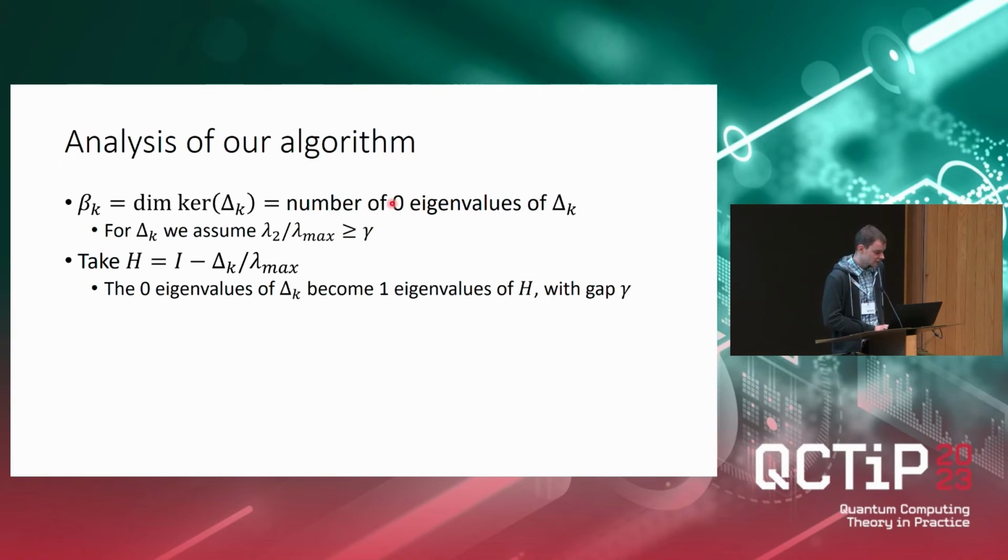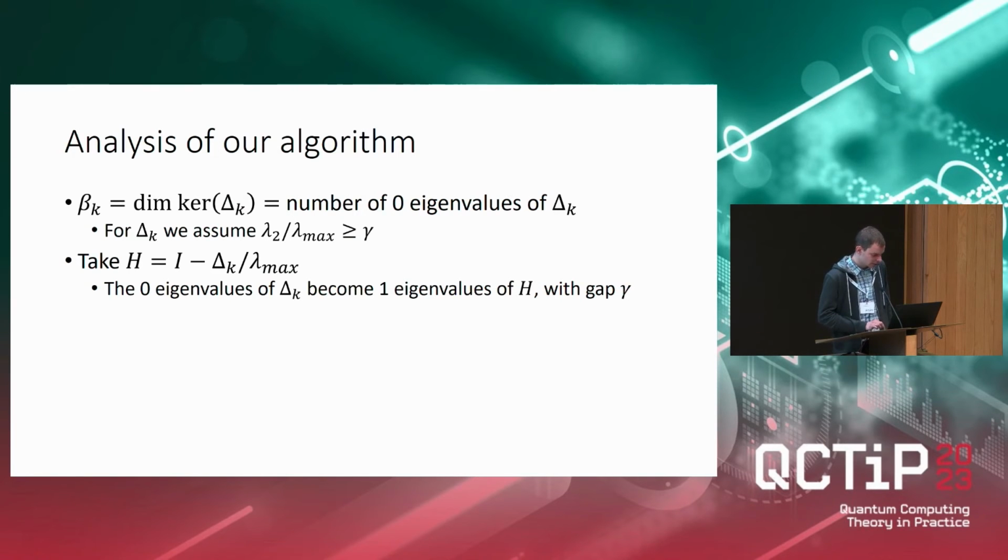So it has to be lower bounded by gamma times the maximum eigenvalue. And this way, if we take this matrix H that we were looking at before, then we are going to get a matrix where instead of the zero eigenvalues of delta k, we are going to have one eigenvalues, and the gap is going to be gamma.